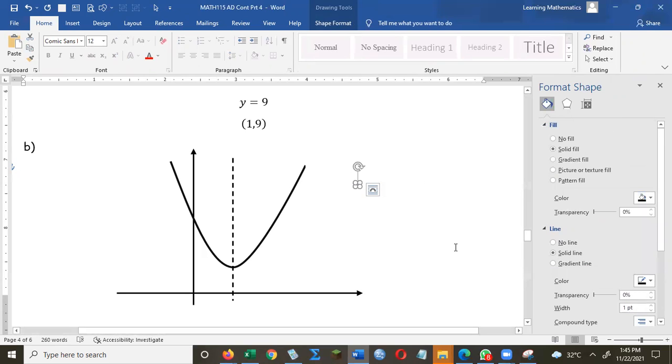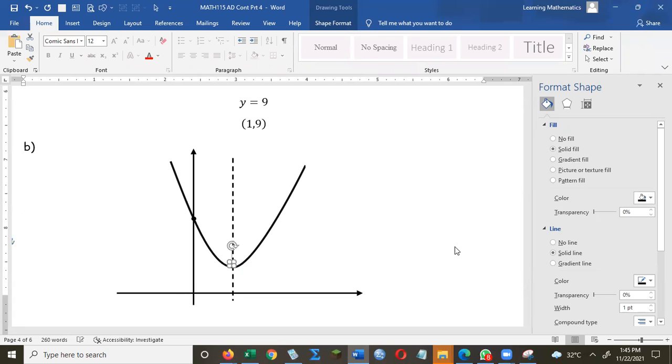One is the y-intercept, where the graph crosses the y-axis. That's the y-intercept. And the other one is the minimum point.